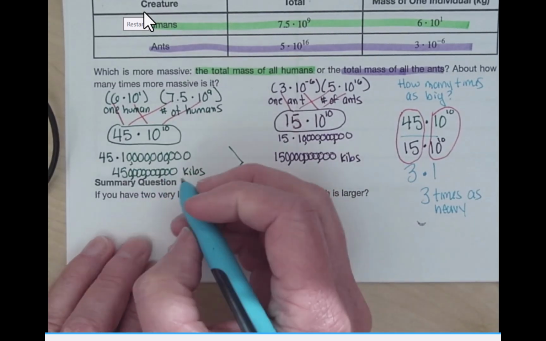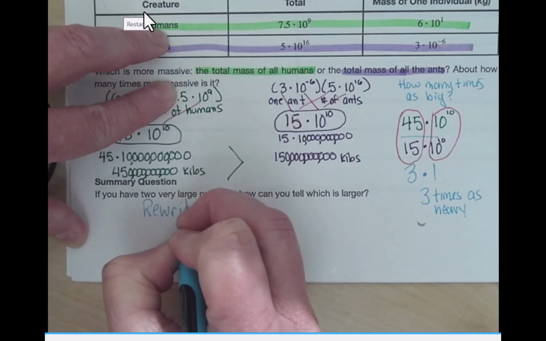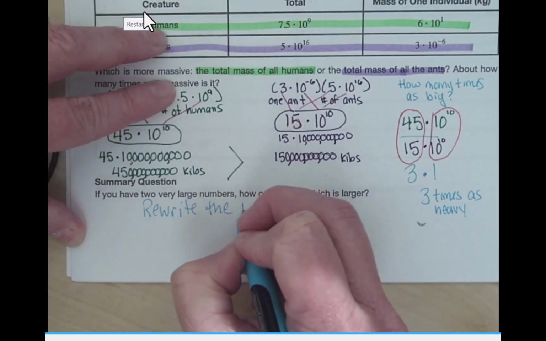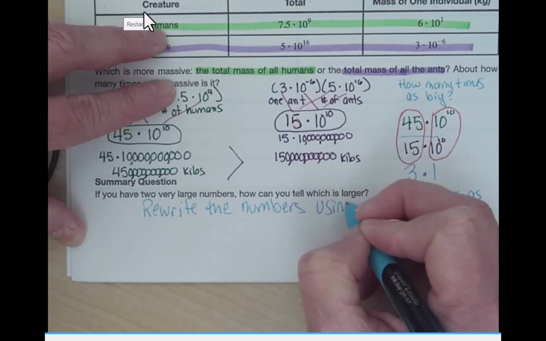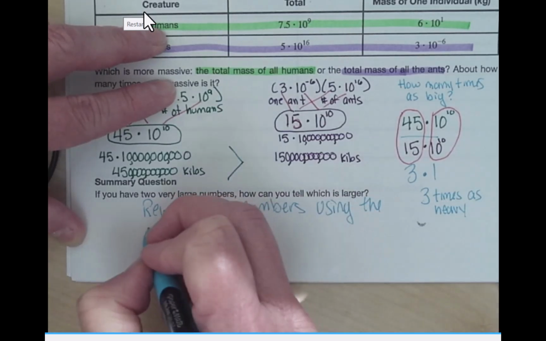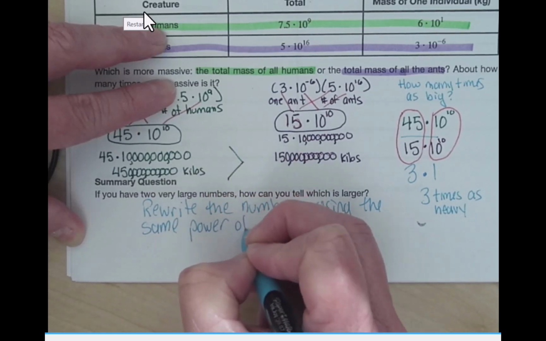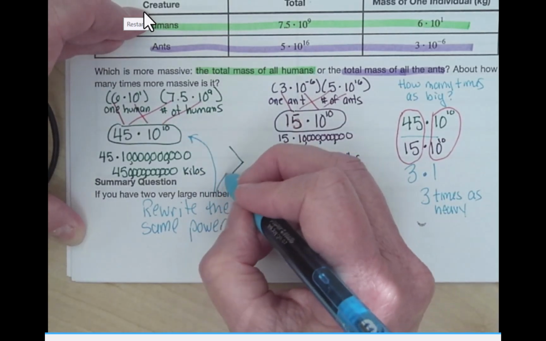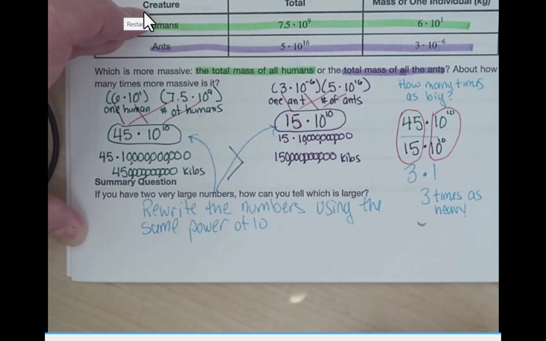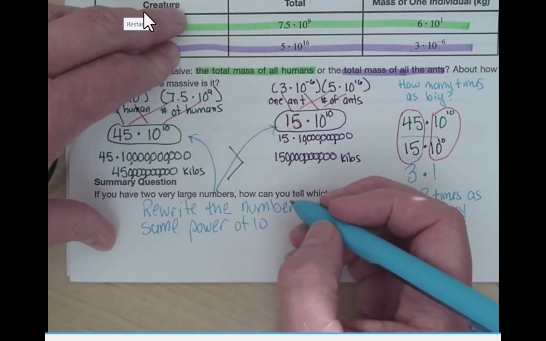So if we can rewrite the numbers using the same power of 10, like we had right there, then the number with the larger first factor is the bigger one.